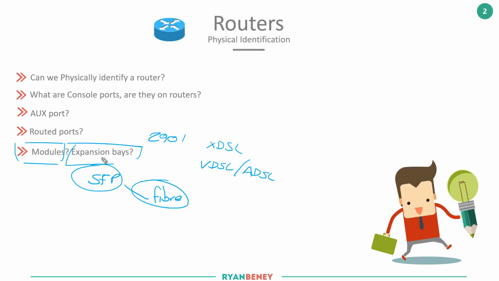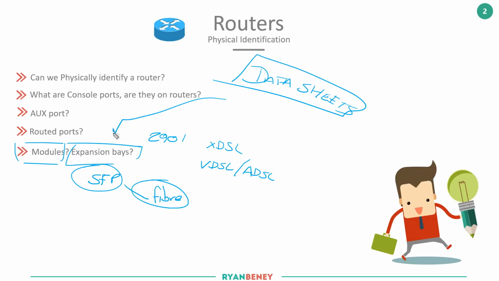So they had different modules and expansion bays. It's important to understand that some routers do have expansion capabilities, and again, on the Cisco website you can have a look at what's called the data sheets, and in there it will identify which bays are available, or which expansions are available, and what feature set and part number, etc. you will need for that.